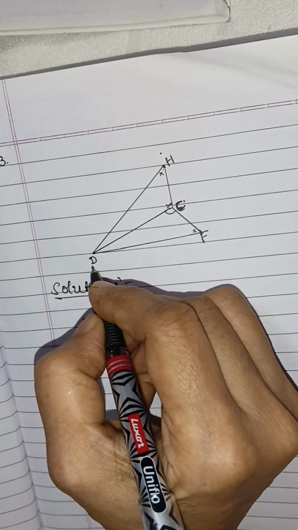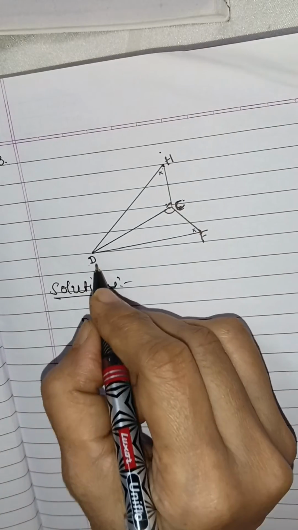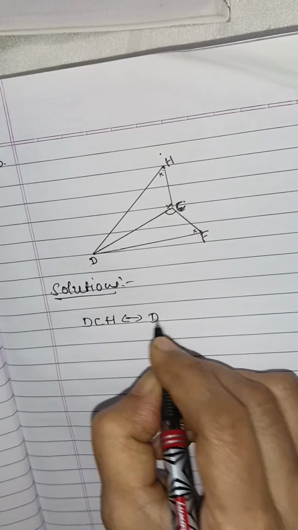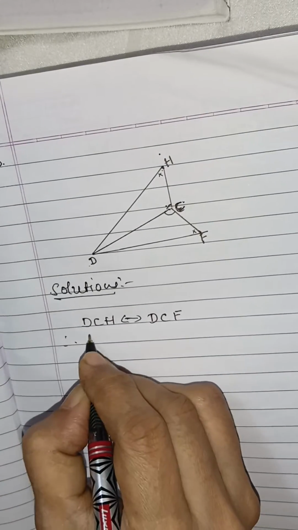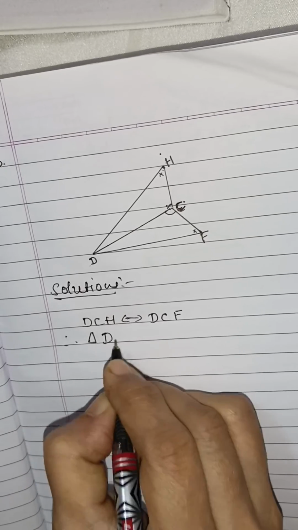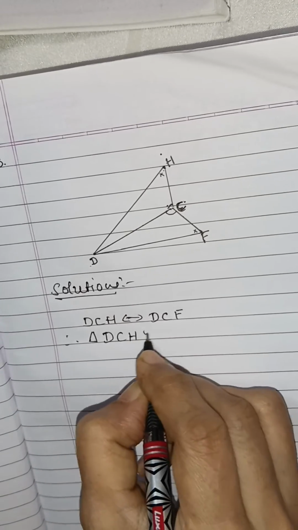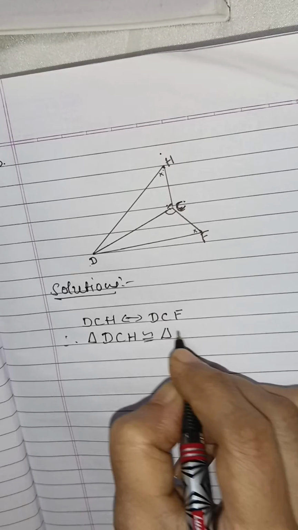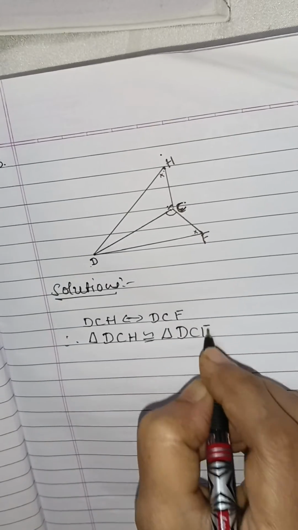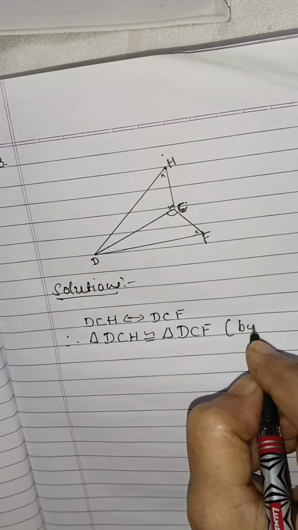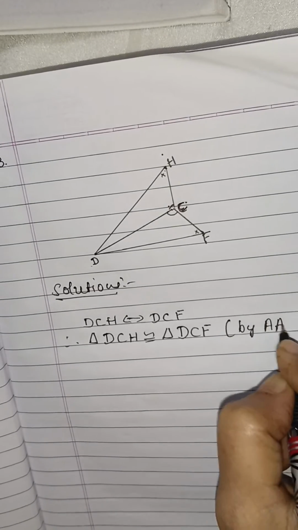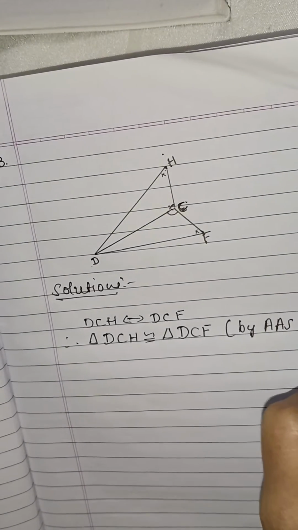Therefore triangle DCH is congruent to triangle DCF by AAS test.